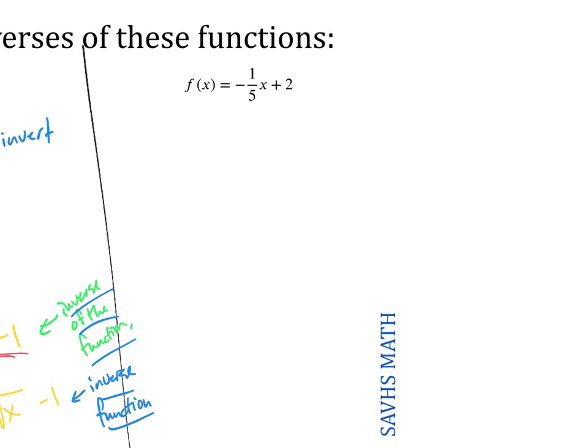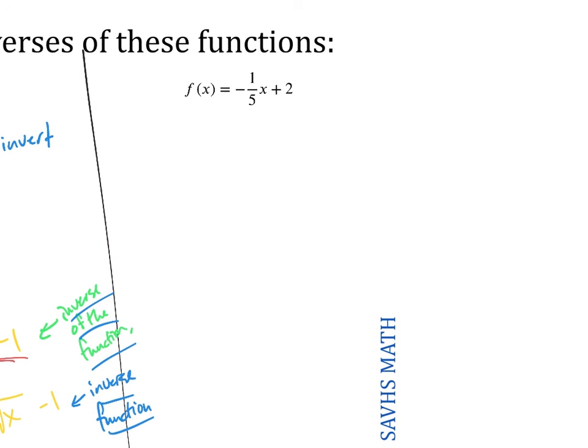Okay, the other one is a little bit more straightforward. And so we have y equals negative 1/5 x plus 2. Okay, we're going to invert by reversing the x's and the y's and then solving for y. Okay, so minus 2, minus 2.